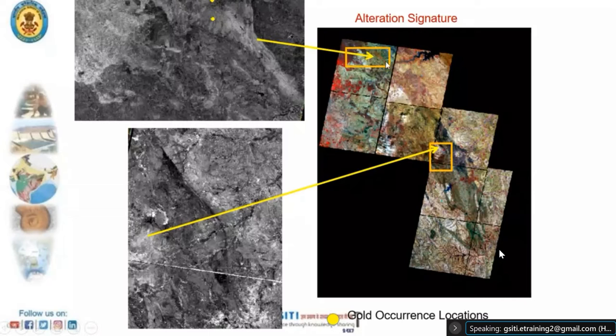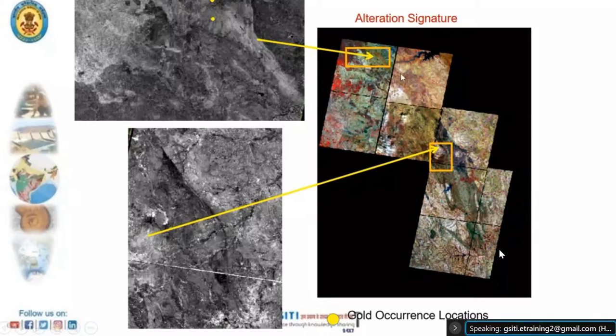You see that there is one part here and another part here where it is more concentrated. Please follow my cursor: this is the central part of your Chitradurga schist belt, falling in Chitradurga town, and that is the core portion of the whole Chitradurga fold.